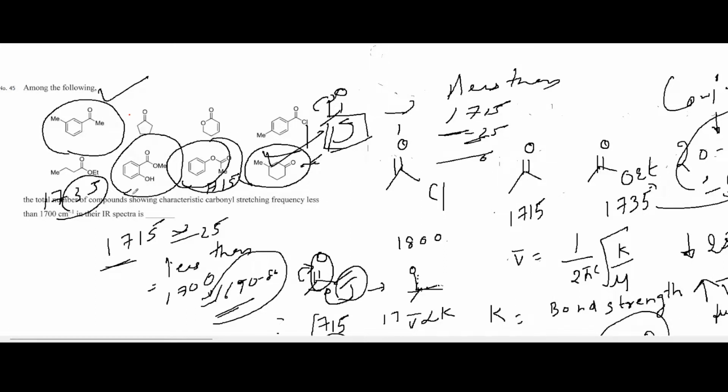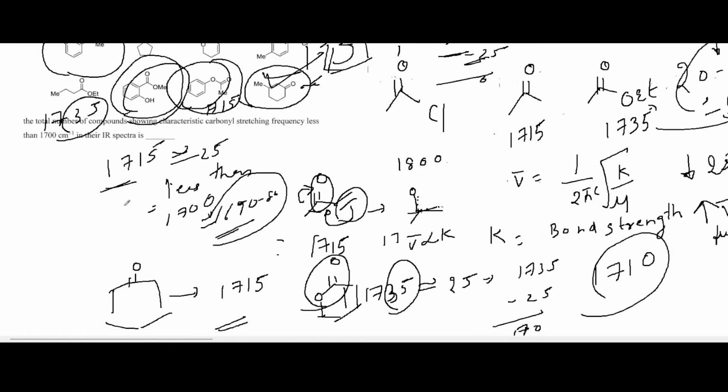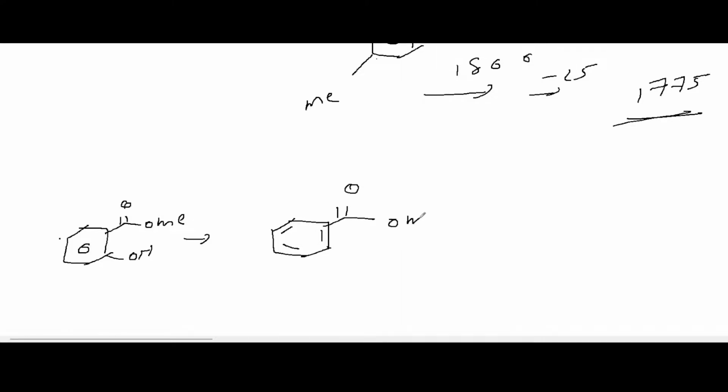Now when we come to this third one, this will have something interesting. We'll write it like this: C double bond O, OMe and OH.